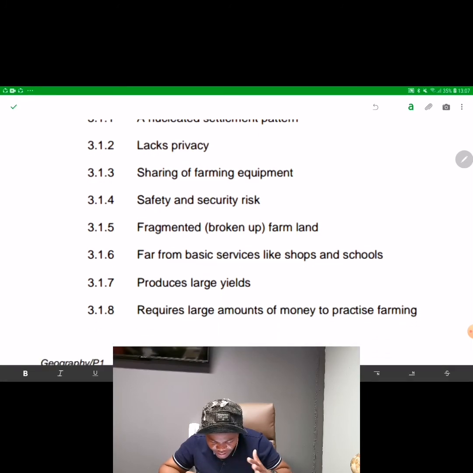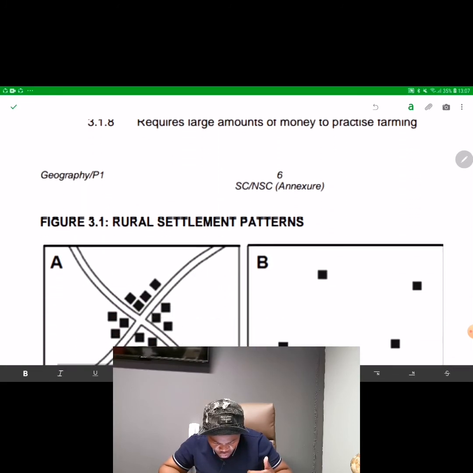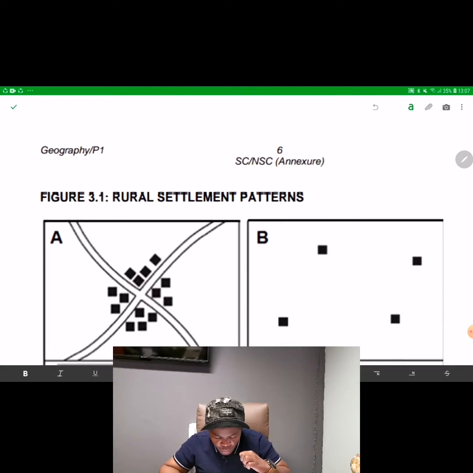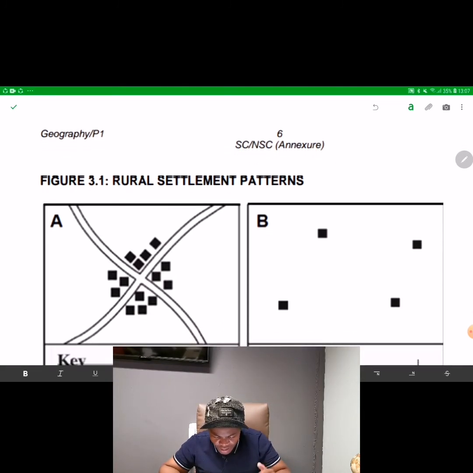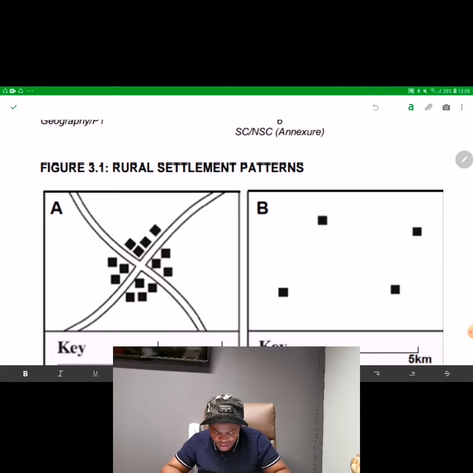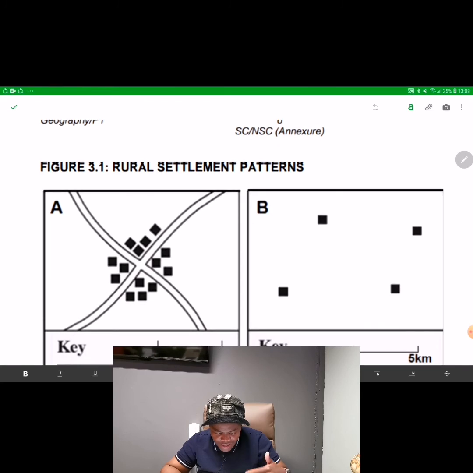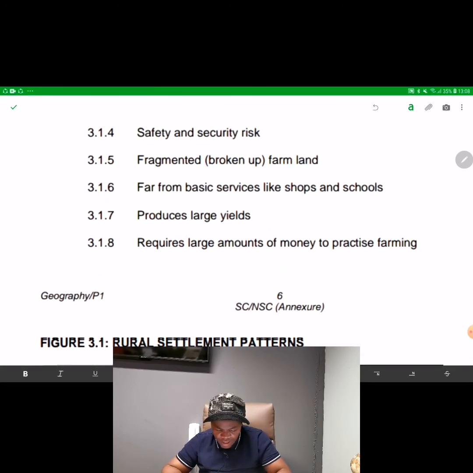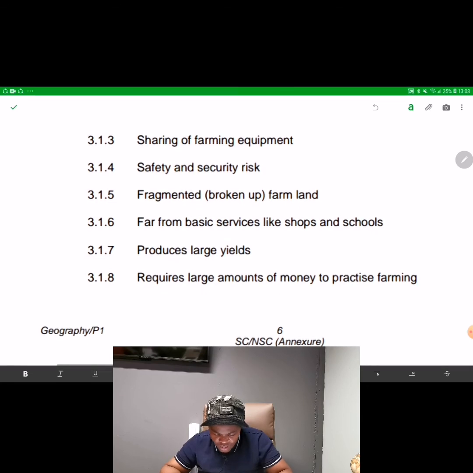And then safety and security, it is also A, because these people are living together, they are able to protect each other, and they can assist each other in times of difficulties. Then A is also your safe area when you want to live in.